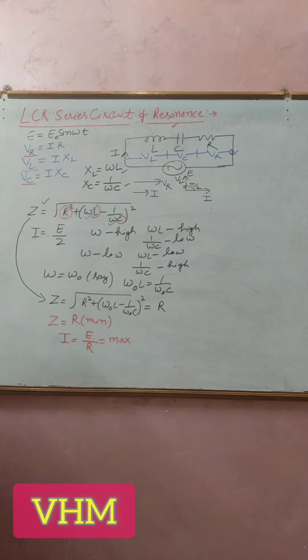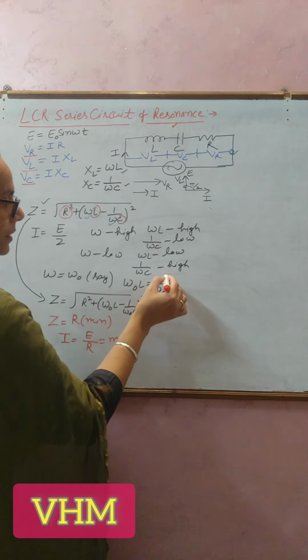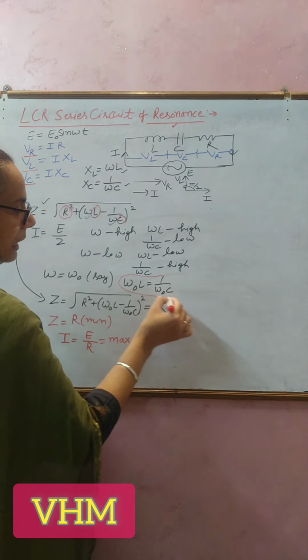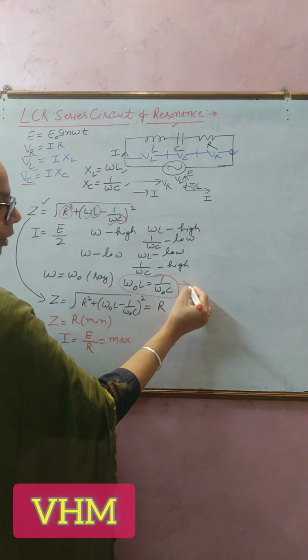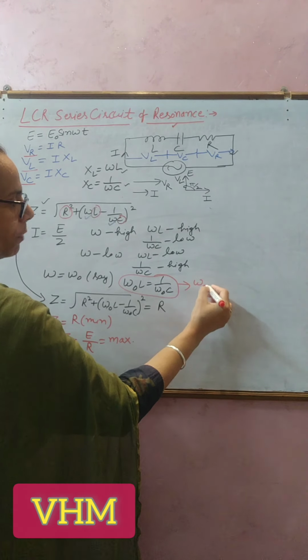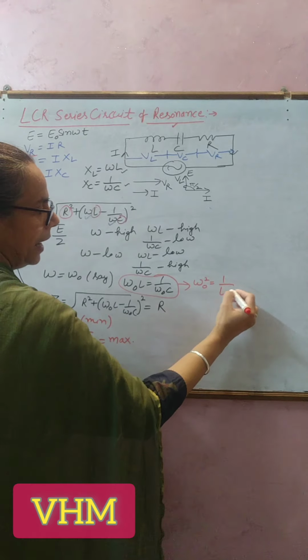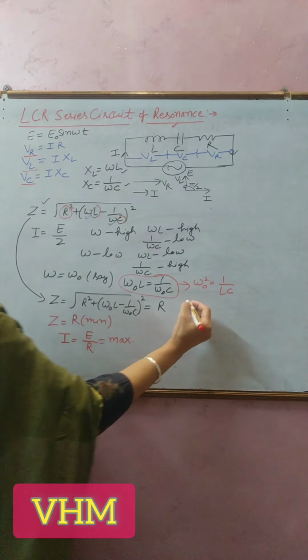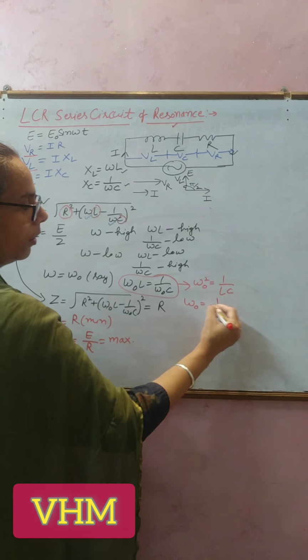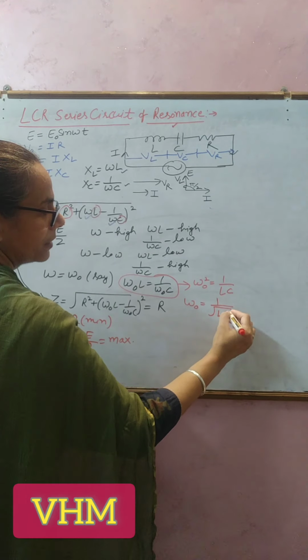And how do we get this resonant frequency? We get it from this relation: omega naught square equals 1 upon LC, so omega naught is 1 upon the square root of LC.